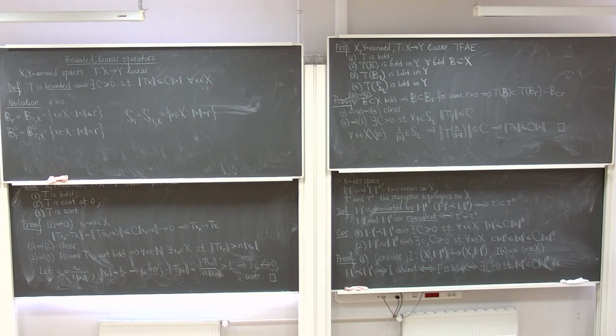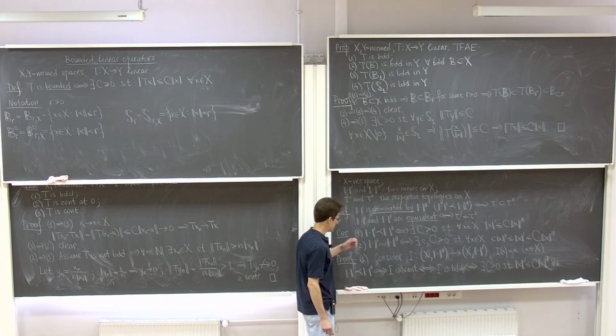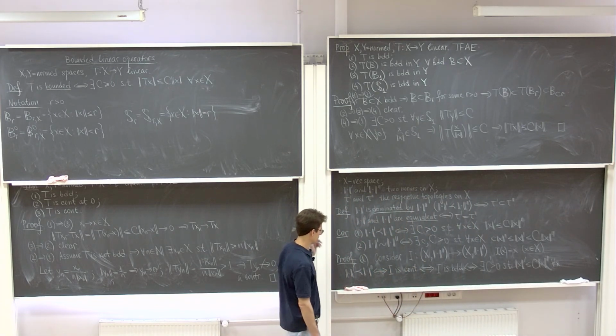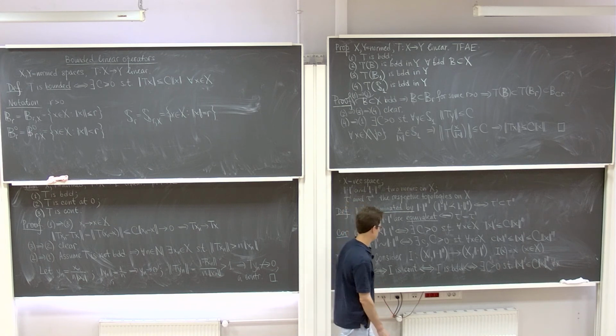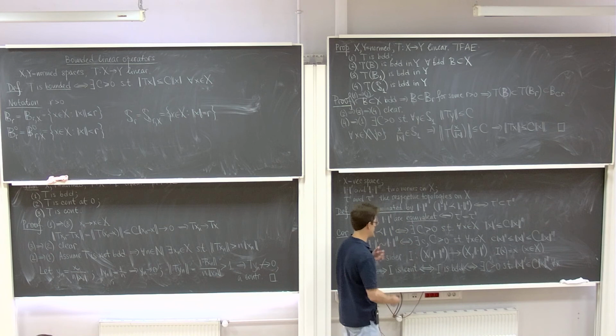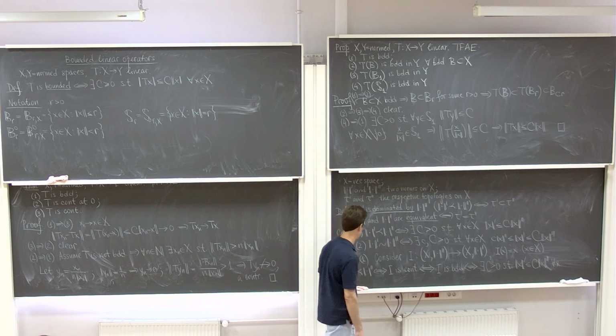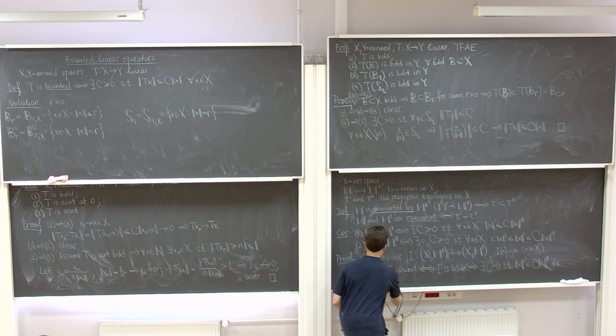And that's it. So this completes the proof of the first part. And the second obviously follows from the first one. Just apply it to the first norm and the second one, and then just interchange these norms. So the second part follows from the first part.